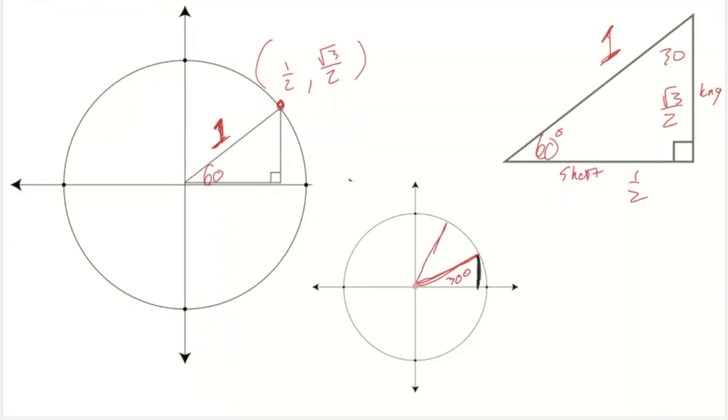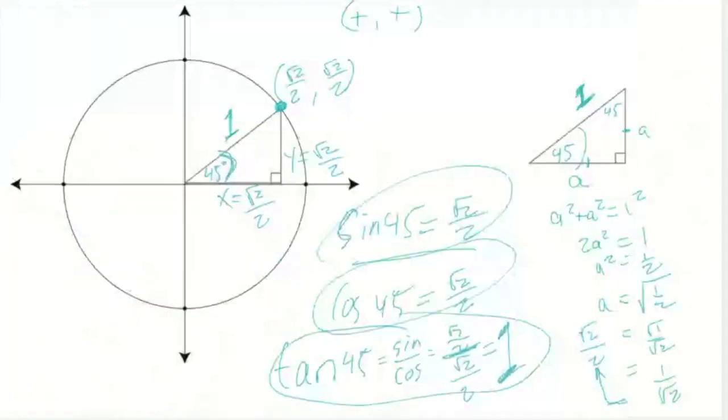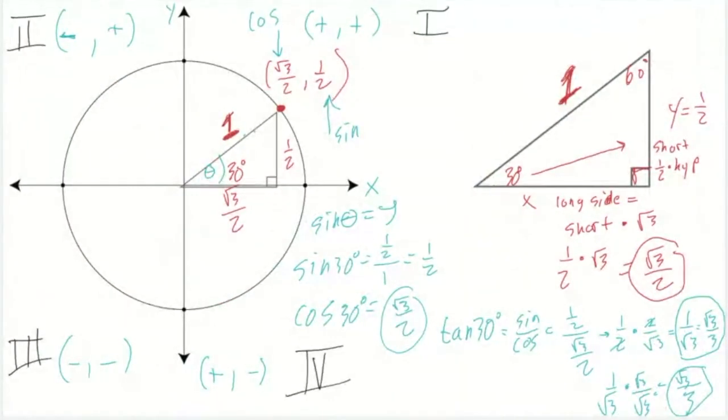Now 60 is up here, that means the x is short and the y is long. X is down here. So the y is long, x is short, like that. So that means these two triangles are just changing sides. That's why it's been flipped: 1/2, square root of 3 over 2. The other one was square root of 3 over 2, 1/2.